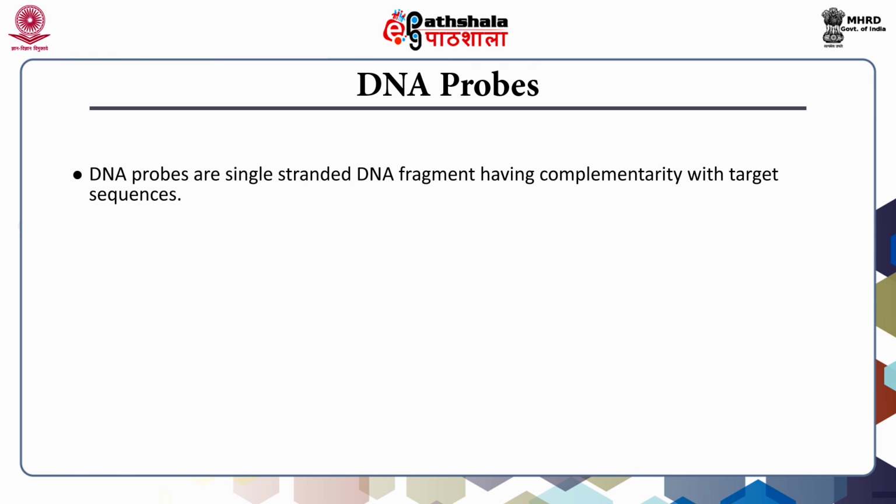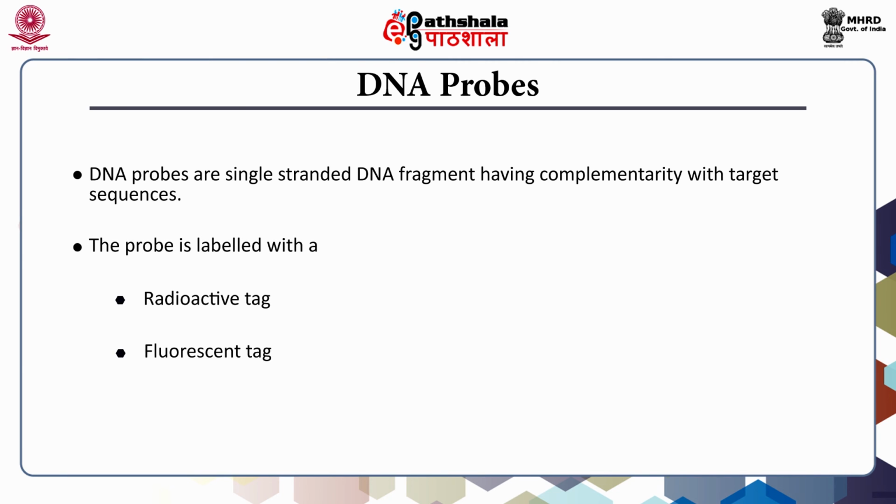DNA probes are single DNA fragments with a specific sequence whose presence in target DNA is to be determined. The probe is labeled with a radioactive, fluorescent or chromogenic tag.